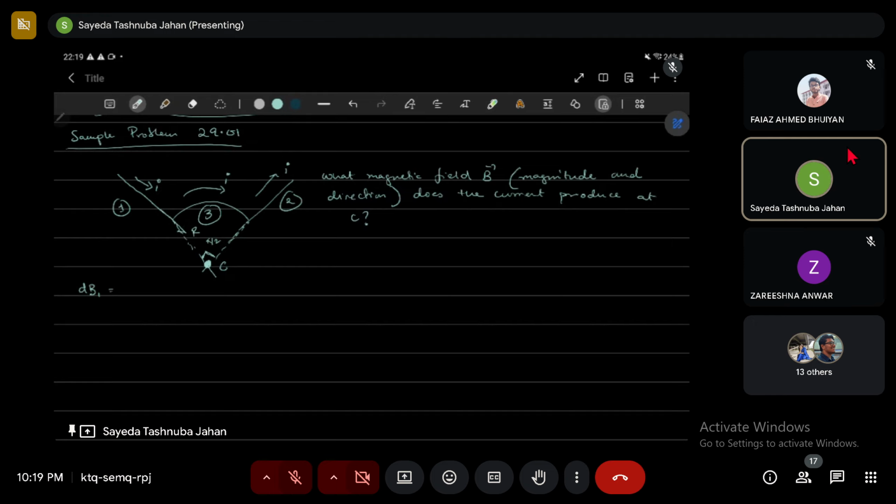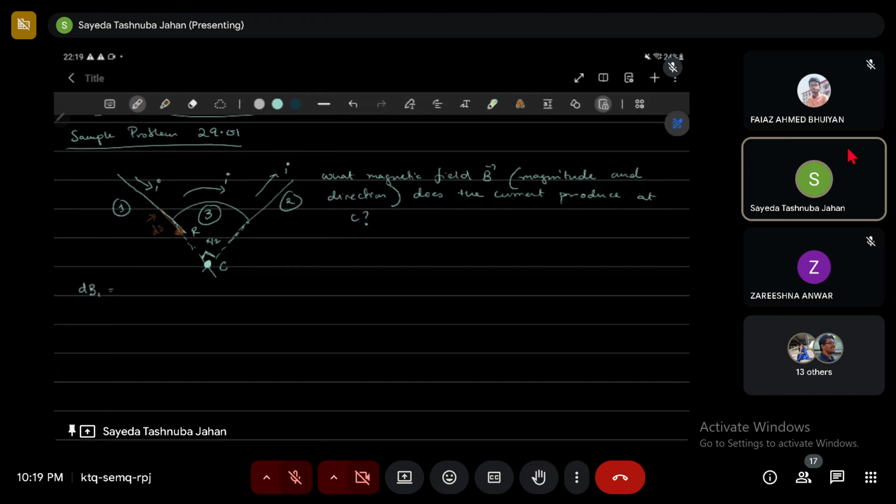So ds is of course in this direction. Draw this, right? Or maybe I can use a different color. We'll use orange. ds is of course in this direction because the current is flowing this way.